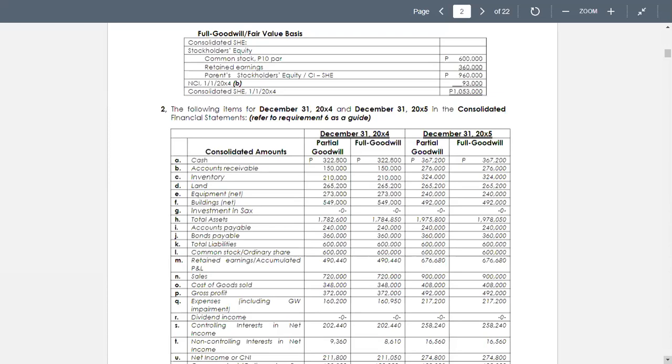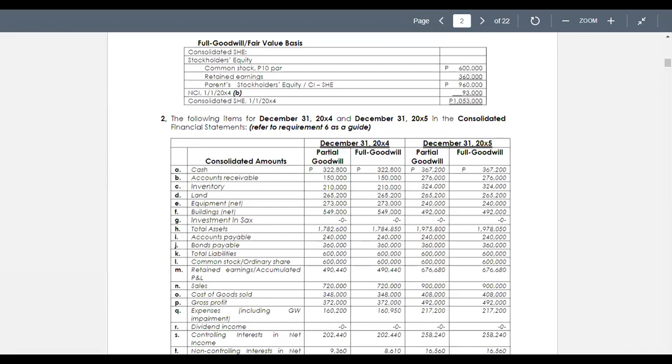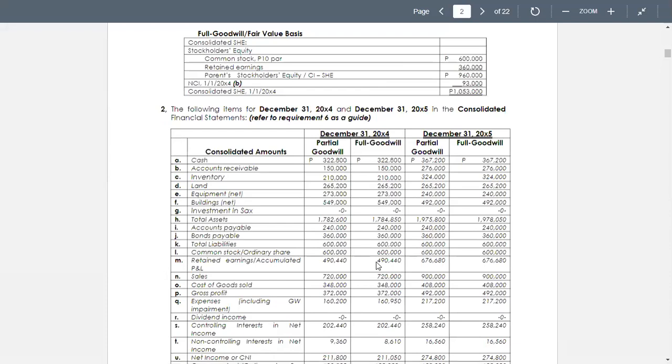Okay, I'll repeat the amount of buildings. The building became 549,000. We are adding 720,000 plus 540,000, deduct accumulated depreciation of 405,000, deduct 288,000, deduct 216,000 in the table above.